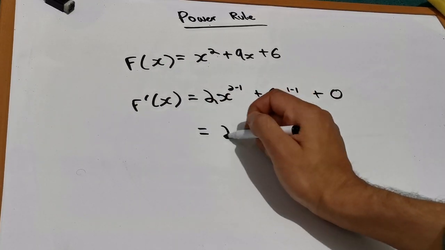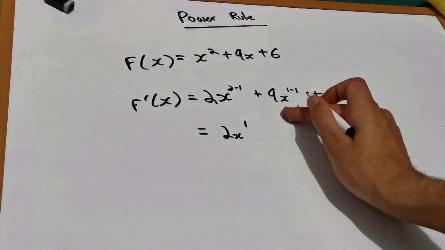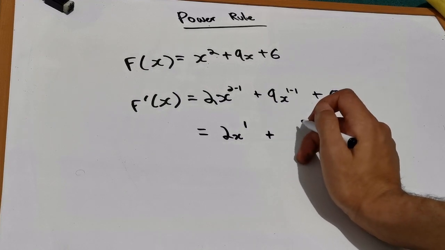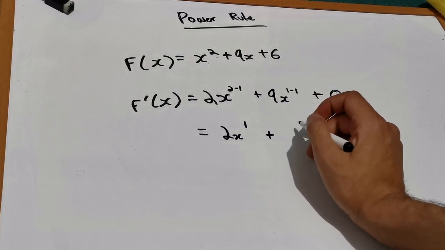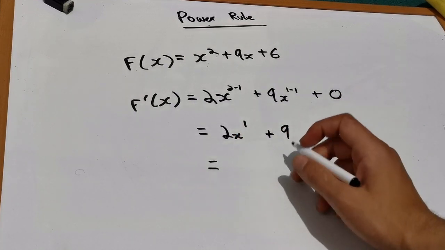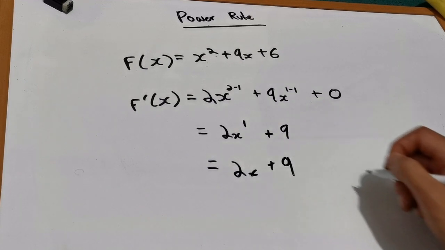Therefore, this is equal to 2x to the power of 1, add 9x to the power of 0, and as you know, anything to the power of 0 is just 1, therefore it's 9 times 1, which is just 9. Therefore, the gradient function is just 2x, add 9.